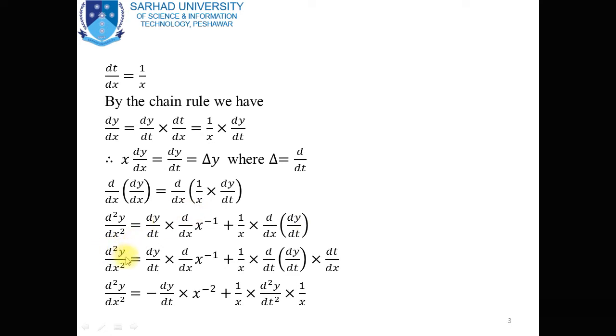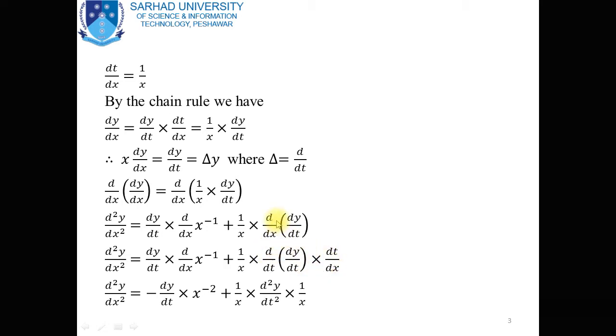Now d²y/dx² = dy/dt multiplied by d/dx of x^(-1) plus 1/x multiplied by d/dt of dy/dt multiplied by dt/dx.